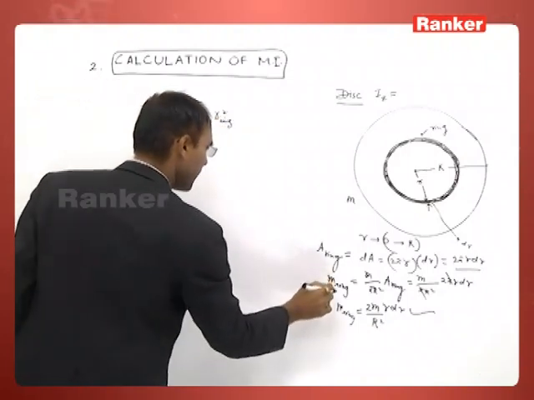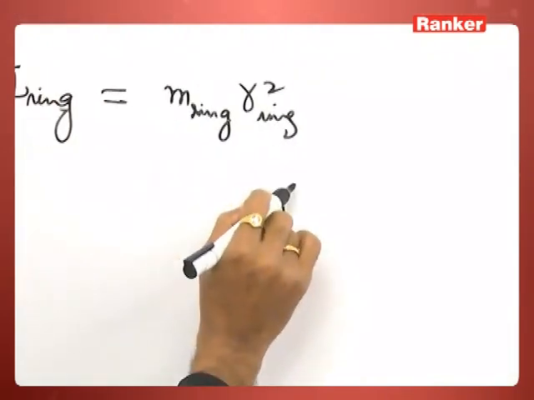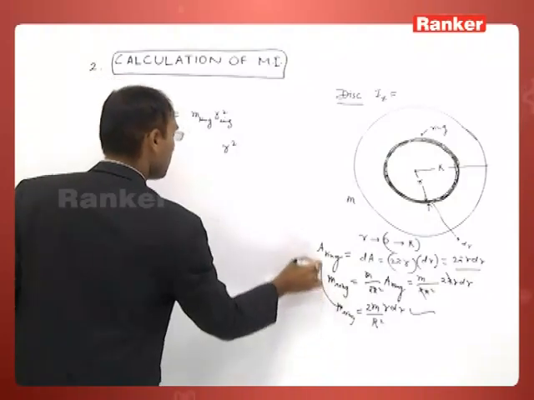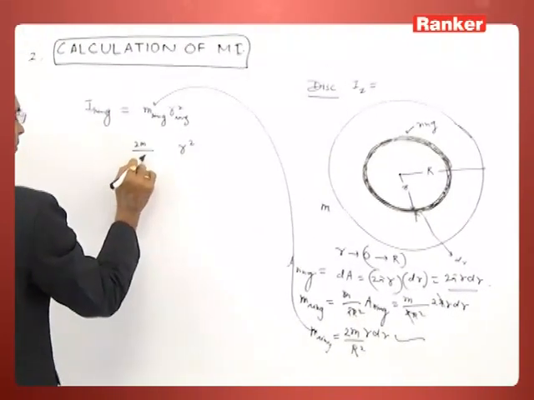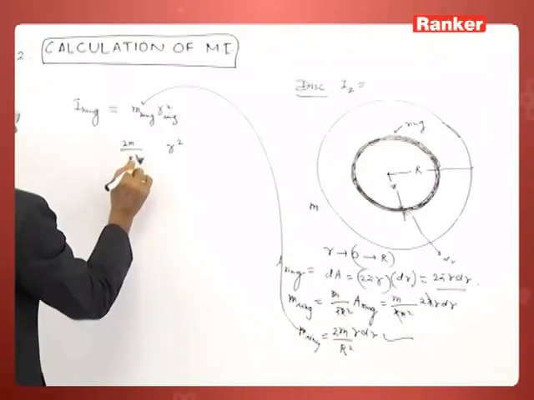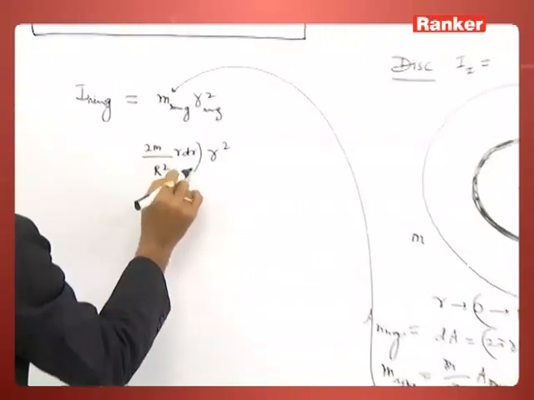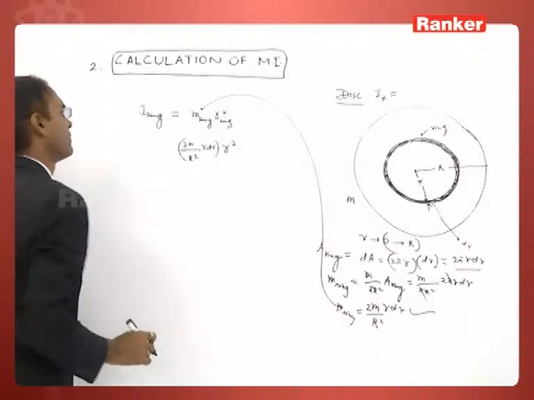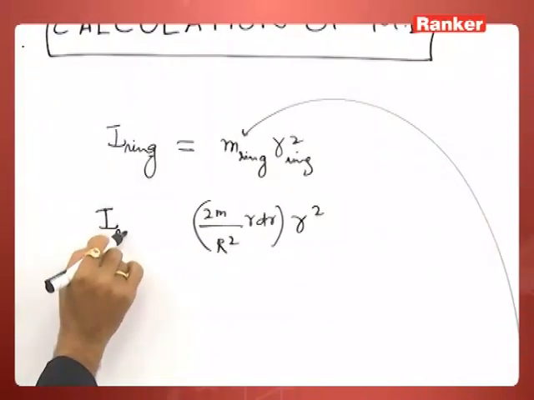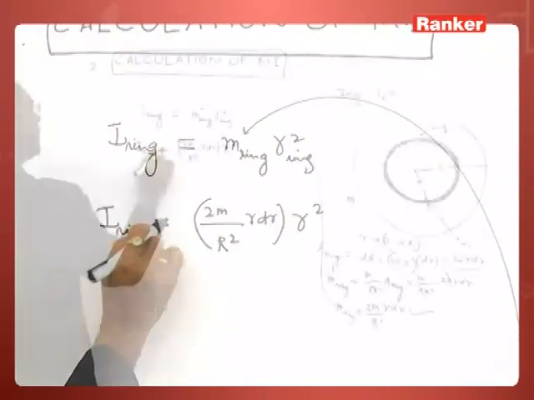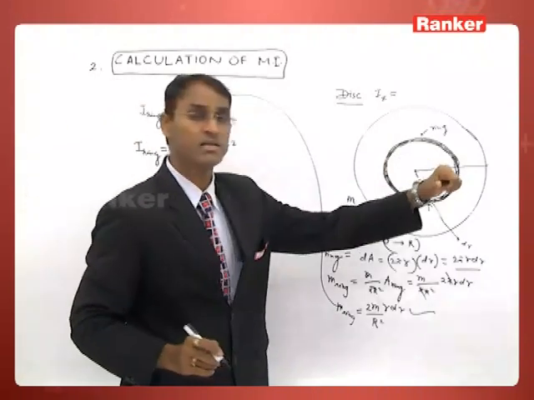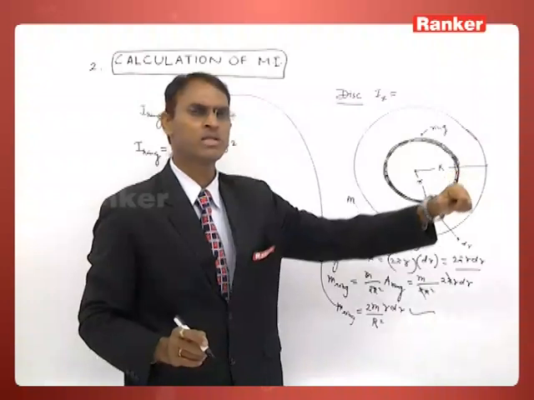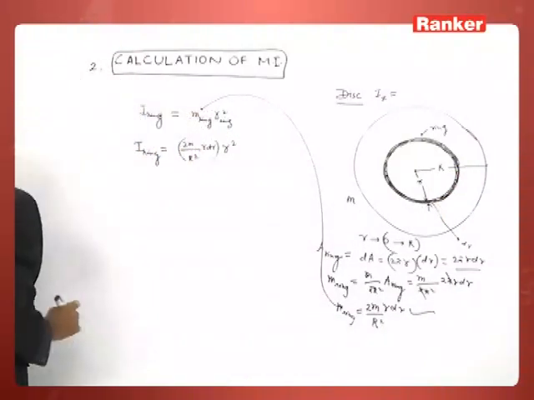Here the radius of the ring is r and the mass of the ring is equal to 2M by R square into r dr. This is the moment of inertia of the ring. Needless to mention, it is always about the z-axis.